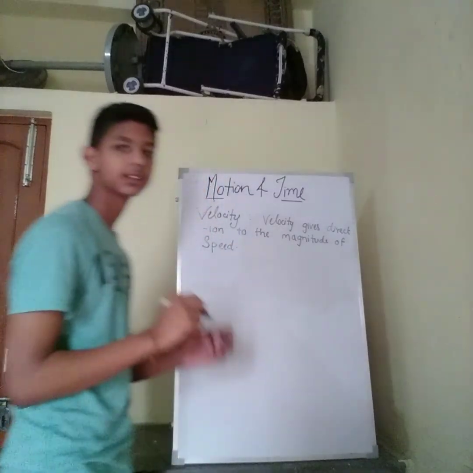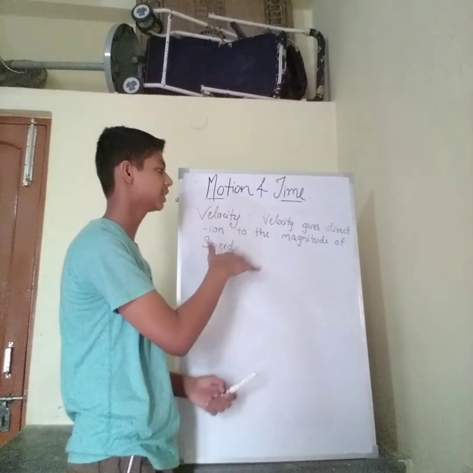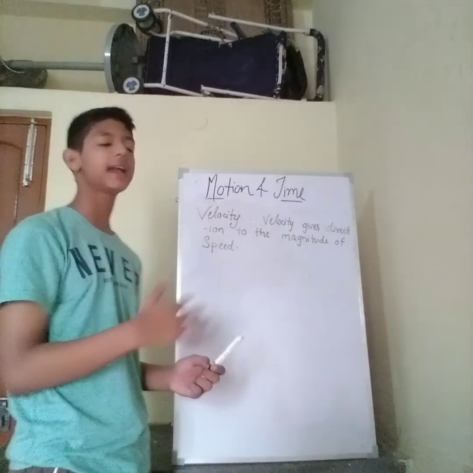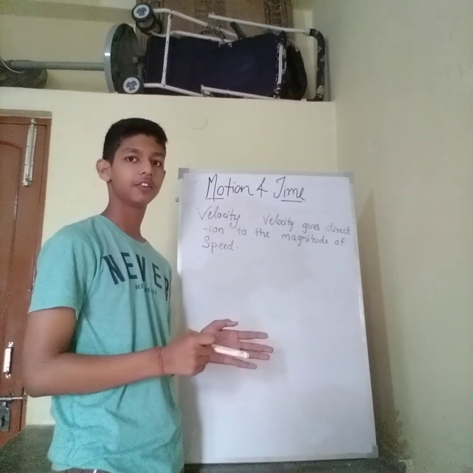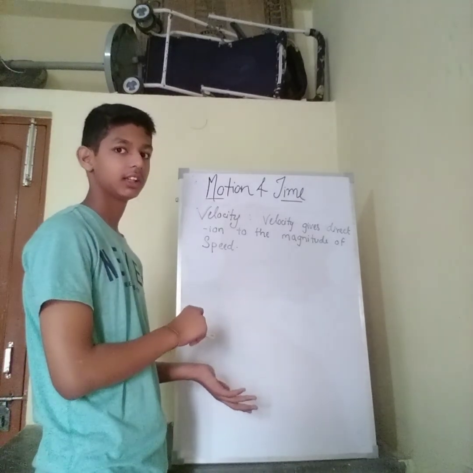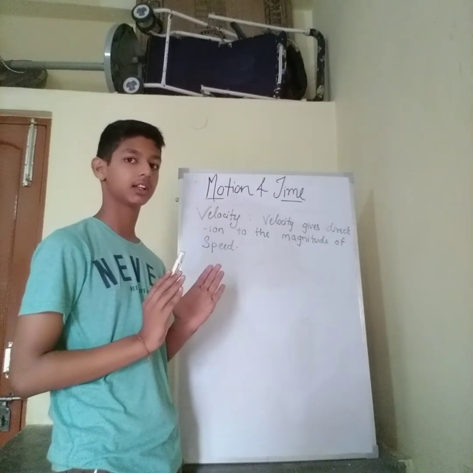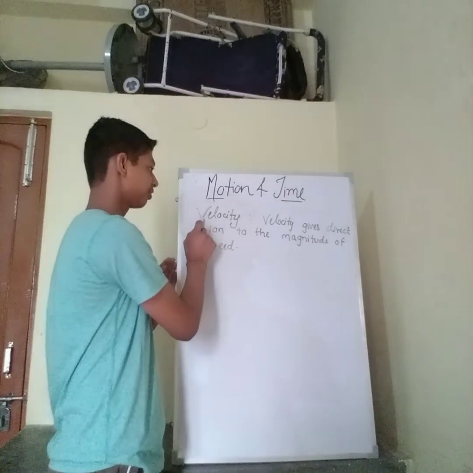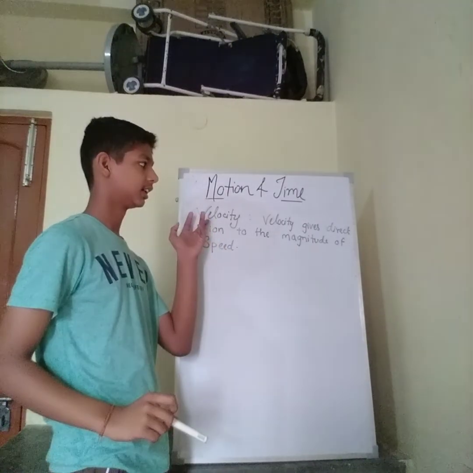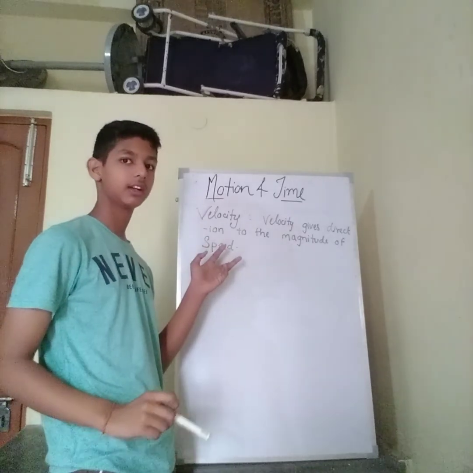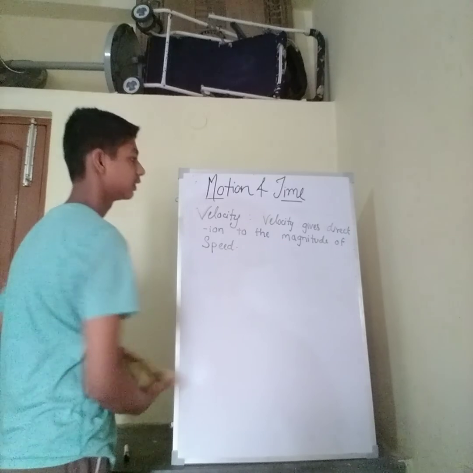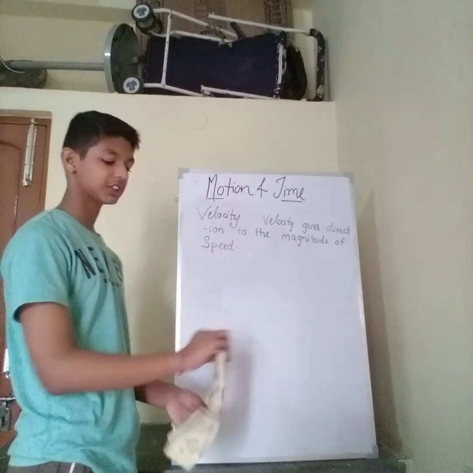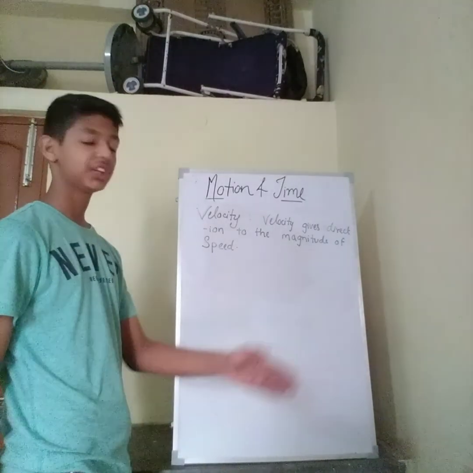Velocity gives direction to the magnitude of speed. Means if we know only our speed, we cannot calculate velocity, but if we know velocity, we can derive speed from it in straight line motion.